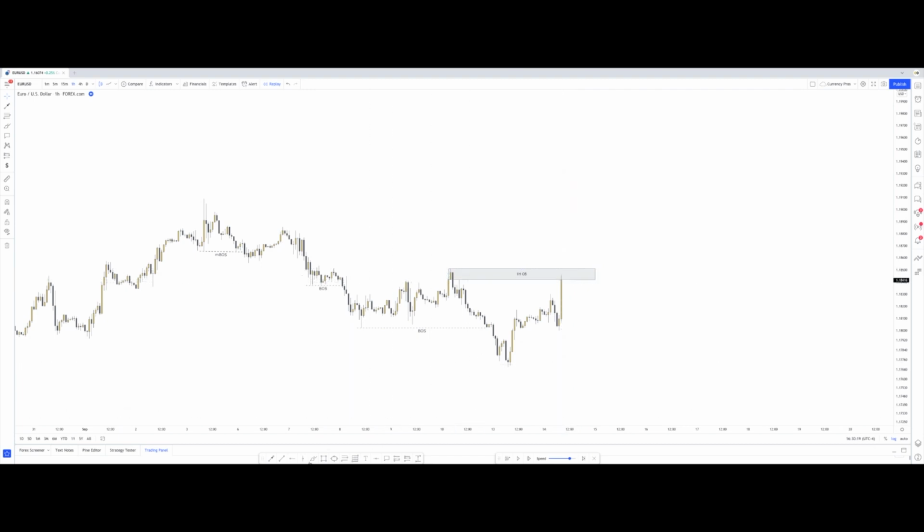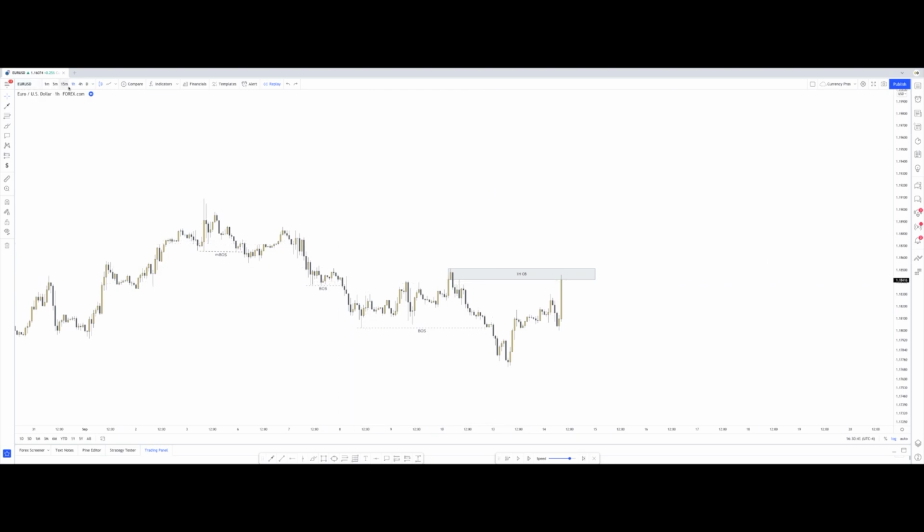Because there's no telling if price is going to respect this supply area, this order block, and continue to the downside, or if demand is going to take control and just push right through this and head towards clearing liquidity somewhere else, okay? So there's really no telling what's going to happen, and that's when we can start utilizing the confirmation entry.